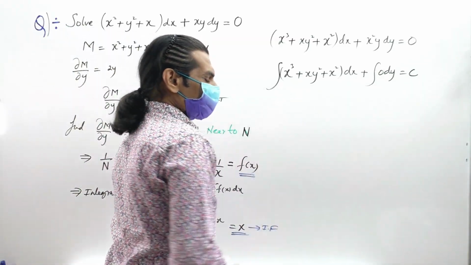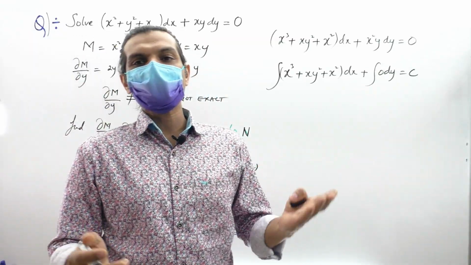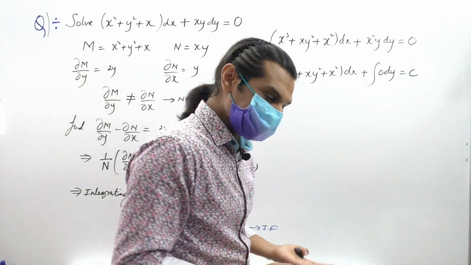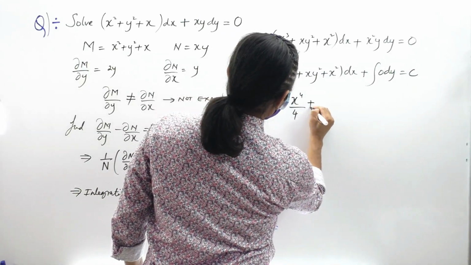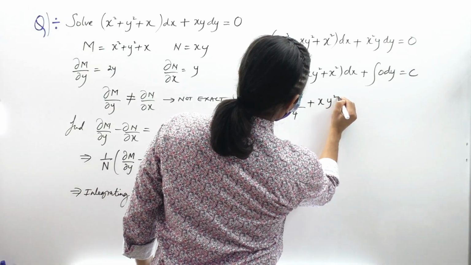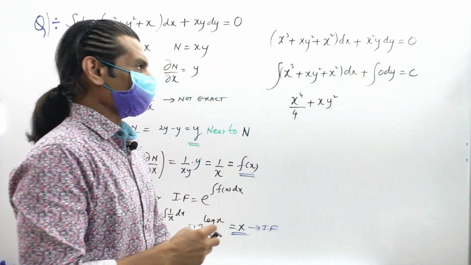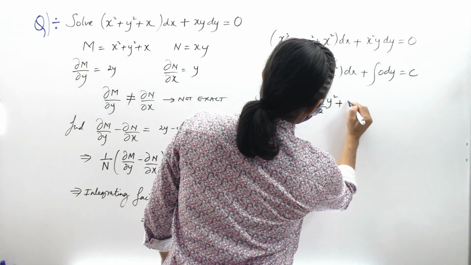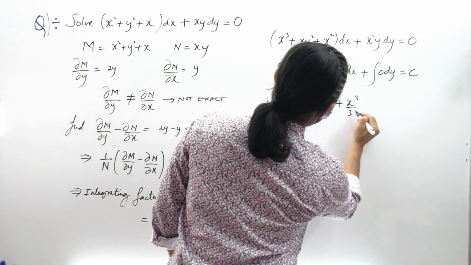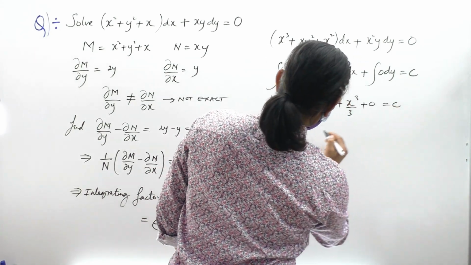Very simple integration: x to the n is x to the n plus 1 by n plus 1. So x cube is x to the 4 by 4, plus xy square as it is, since we are integrating with dx, x integration is x square by 2, plus integration of x square is x cube by 3, plus 0 is equal to c.